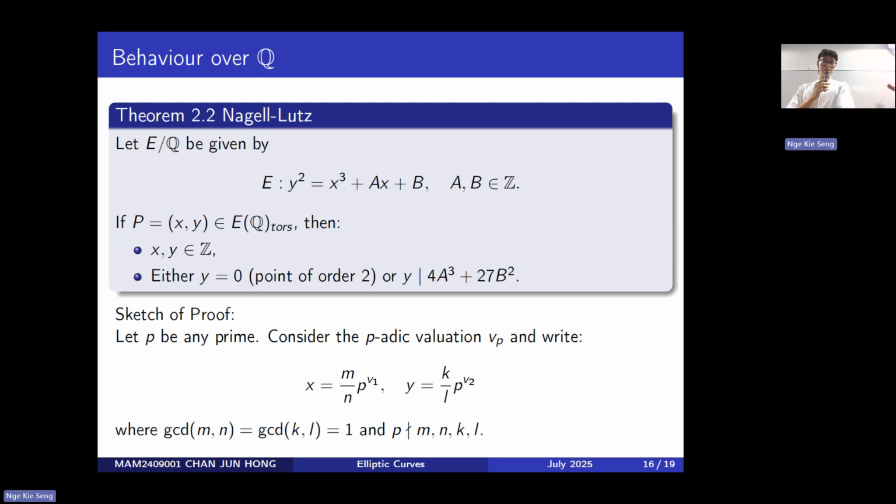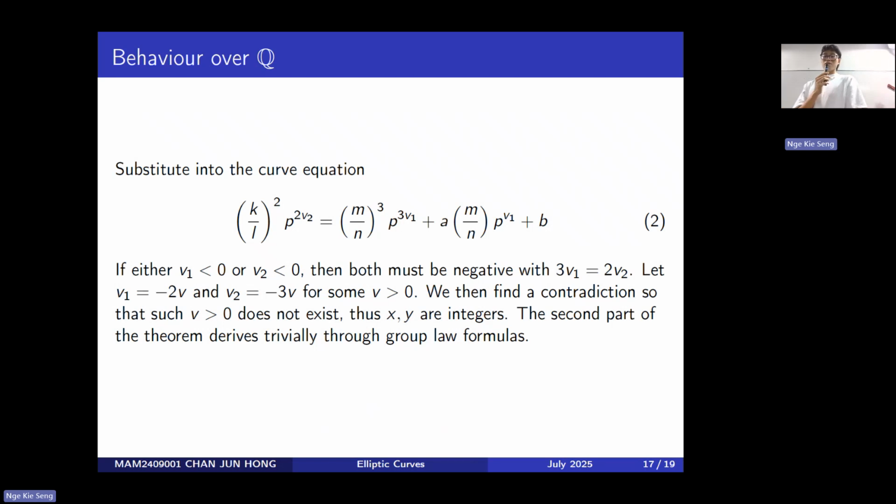Right. So the sketch of proof for this theorem would be to consider p-adic valuations, and then we substitute for x and y into the main curve equation. From this equation, we see that if either v1 or v2 is less than 0, then both must be negative with 3v1 equals 2v2.